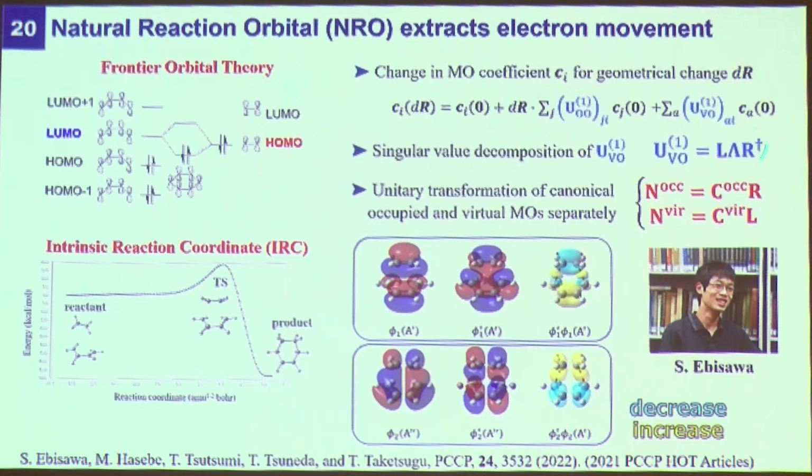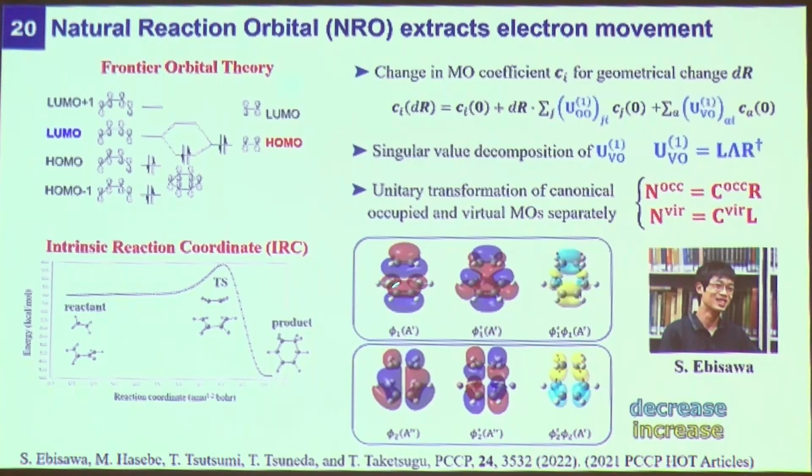And by singular value decomposition, we can get orbital pairs like this. So this analysis was done for the transition state of this reaction, ethylene and butadiene. And we get two important orbital pairs.